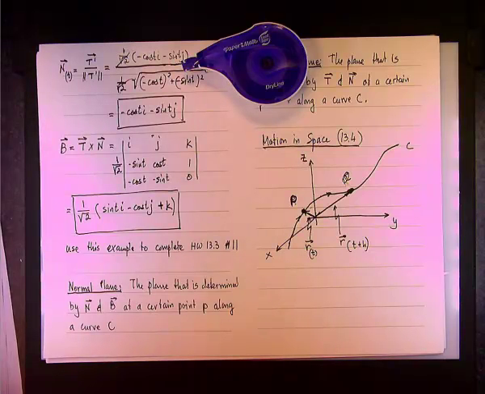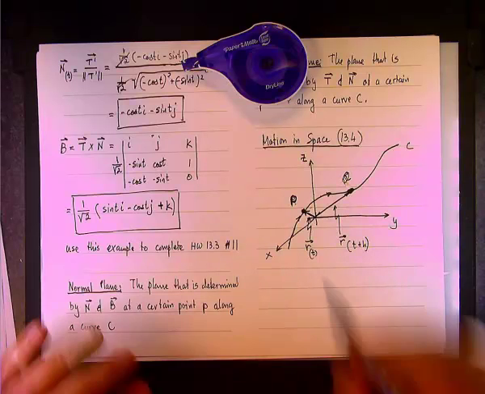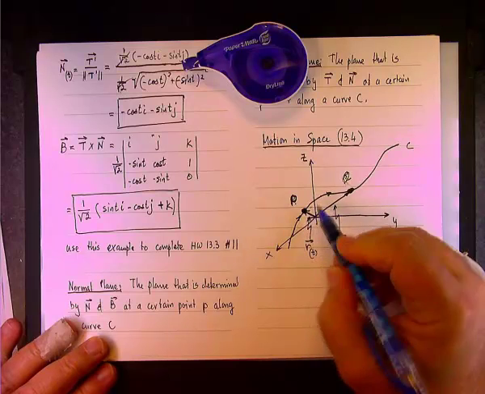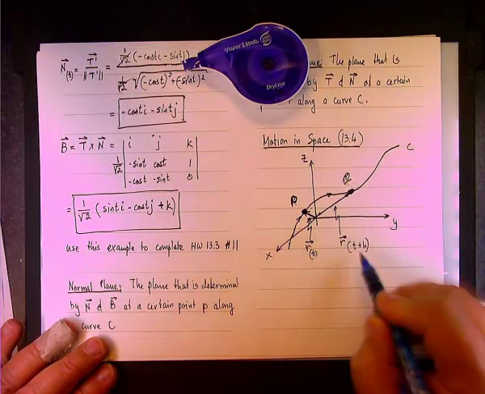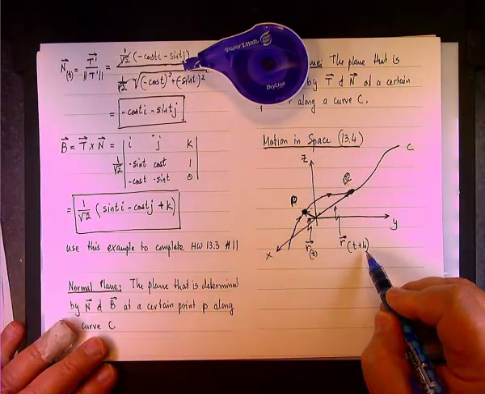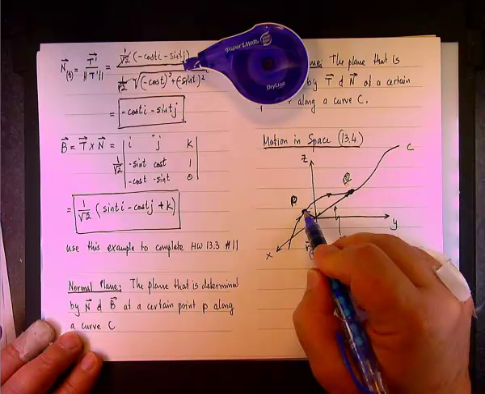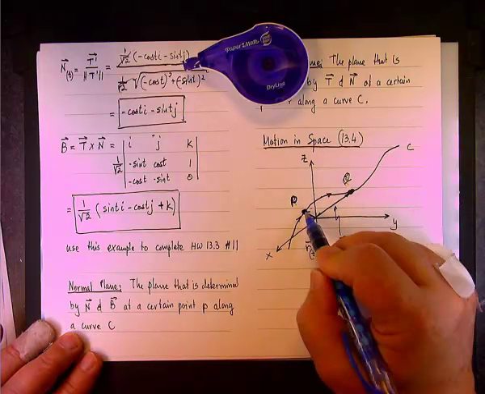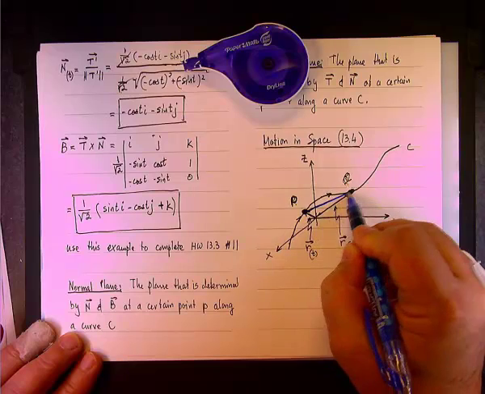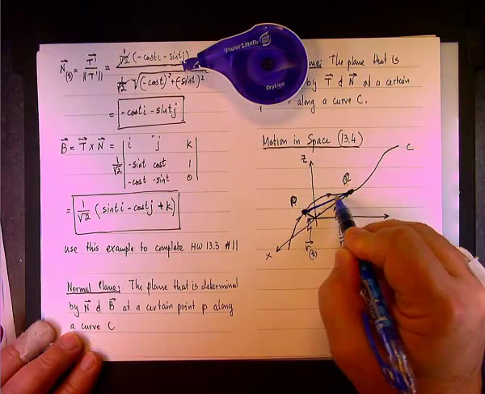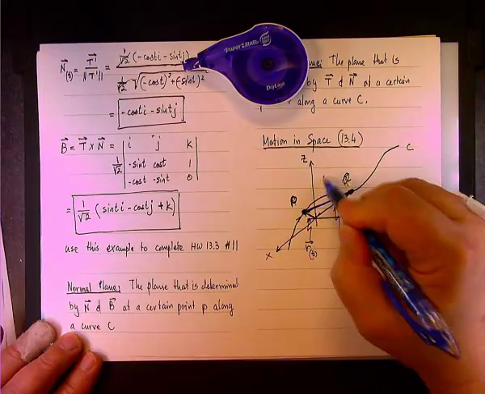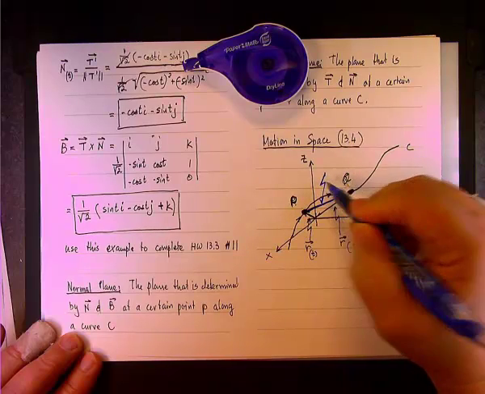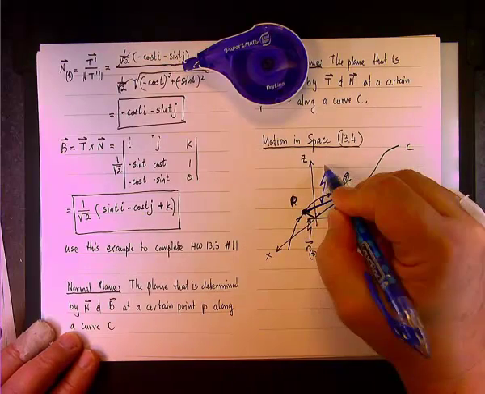Now, if we are looking at the average velocity between the 2 points, in other words, the average velocity over a period of time measured as h, where the particle moved from P to Q, then the vector that represents the difference is this vector right there.